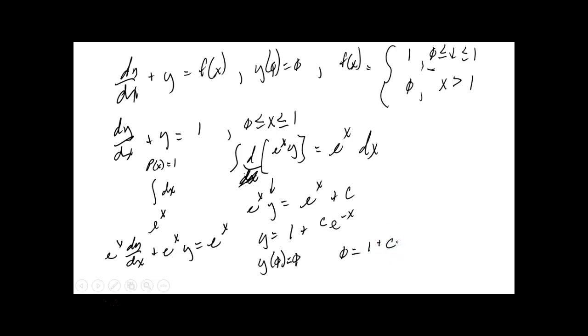Right? Yay or nay? Okay. Yes, because e to the negative x. Okay. And then that implies that c is equal to negative 1. So your answer here is y is equal to 1 minus e to the minus x.